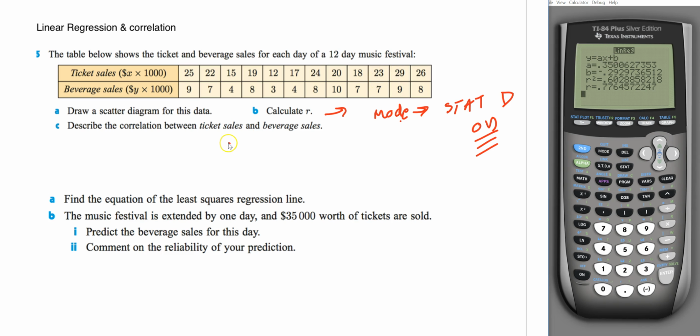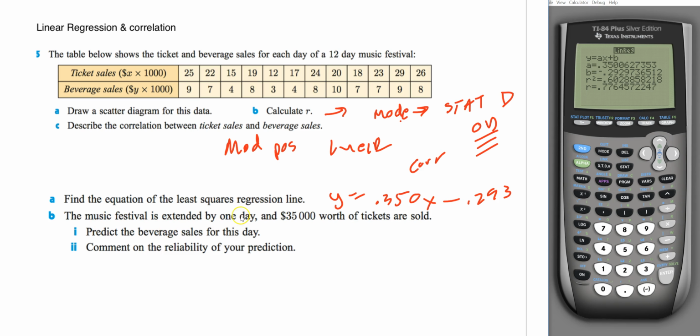So this is a moderately positive linear correlation, that's the correlation between these two. Find the equation of the least squares regression line. Hey, we just did that. Y equals 0.350x minus 0.293. There we go.